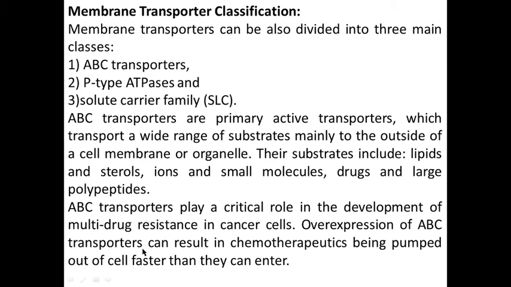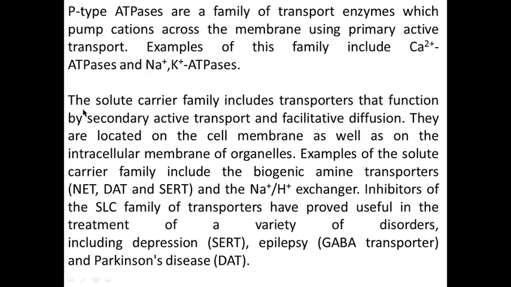Overexpression of ABC transporters can result in chemotherapeutics being pumped out of the cell faster than they can enter. P-type ATPases are a family of transport enzymes which pump cations across the membrane using primary active transport. Examples of this family include calcium ATPase and sodium potassium ATPases.